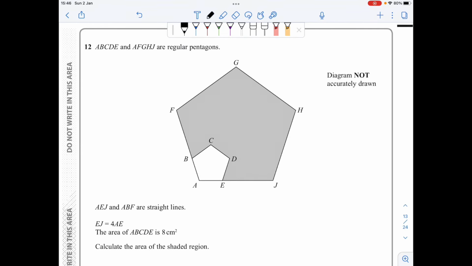In question 12, we are given that EJ is 4 times AE. So if AE is 1, EJ is 4, and the length of AJ is 5. So the scale factor between the two pentagons is 5.